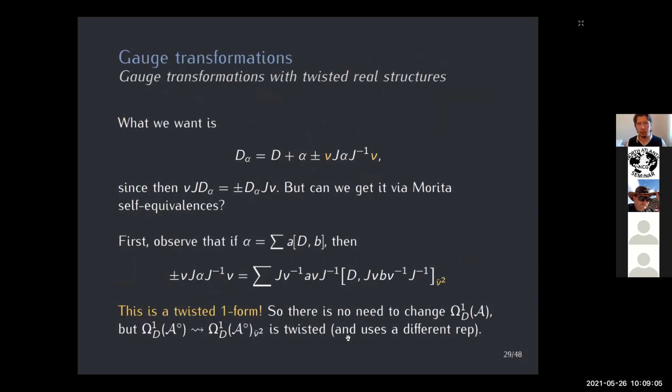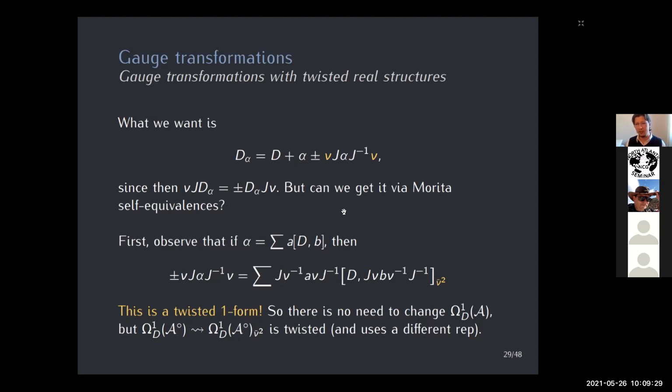So what do? We know reasonably well what we want. We want something that looks like this, where we're now sandwiching our opposite one form by our twist operator. And then for sure, this will be satisfied. But do we have to insert this at the end in some ad hoc way, or can we get it via the procedure that I showed before?